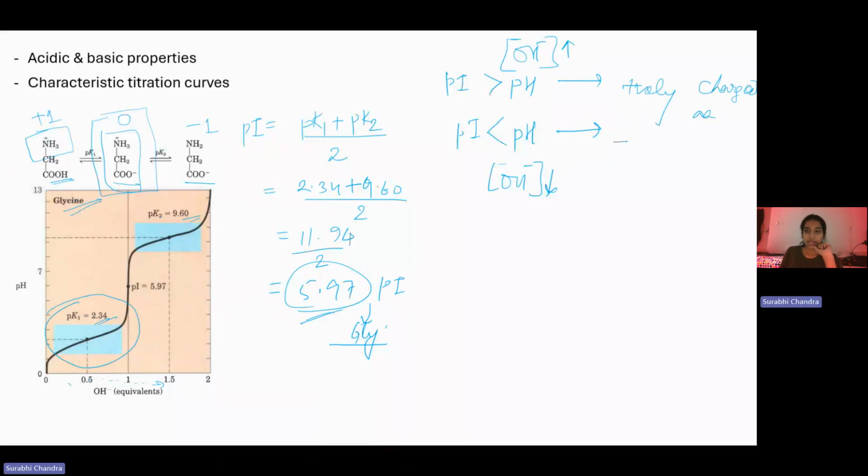Next is the negatively charged amino acid: when the pH is greater than the pI value, it is predominantly existing as a negatively charged amino acid.